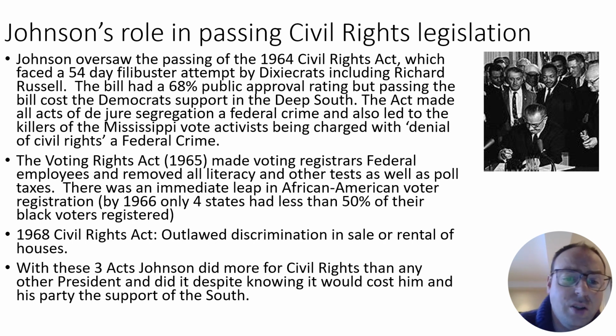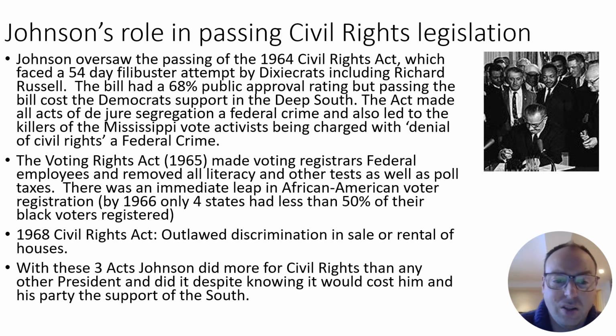We also see the Civil Rights Act of '68, which outlawed discrimination in the sale or rental of houses, because again, although we've seen a removal of the idea of legal segregation in terms of public places and things like that, you were often still seeing it in housing, where people refuse to either sell or rent properties to people based on race.